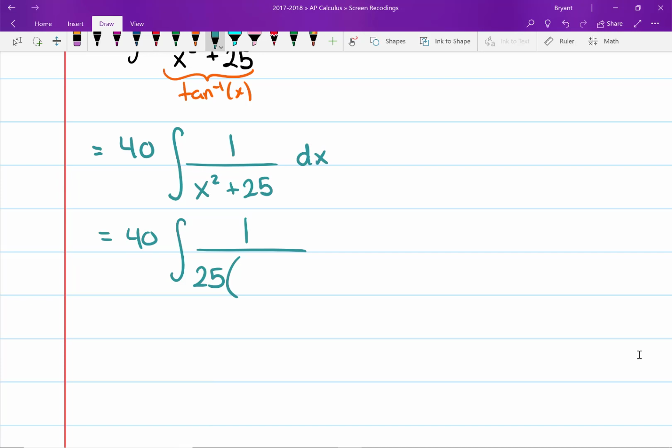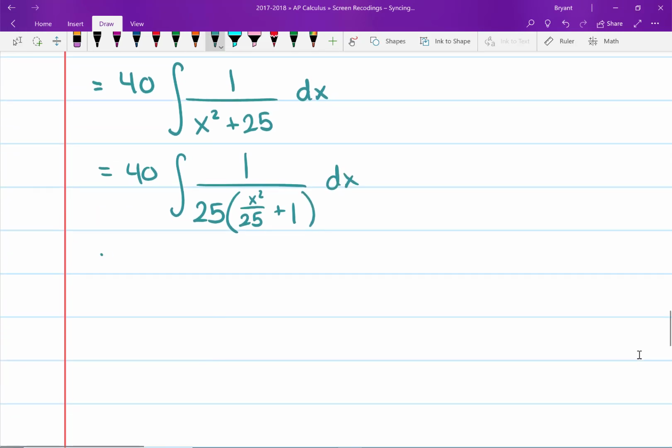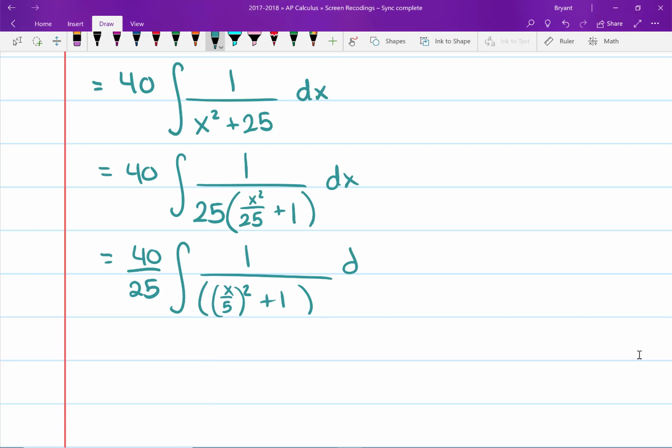And that's going to leave me with x squared divided by 25 plus 1 dx. So this is 40 over 25 times the integral of 1 over, this is going to be x over 5, quantity squared plus 1 dx.